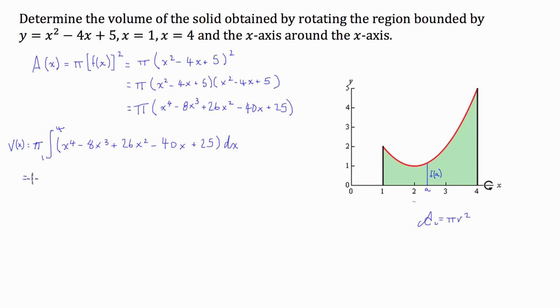So we have equals pi. Now if we're going to evaluate this, we put it in square brackets. This is going to be equal to x to the 5 over 5 minus x to the 4, 8 divided by 4 is 2.